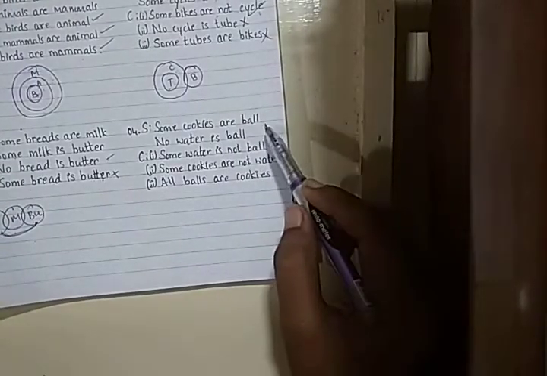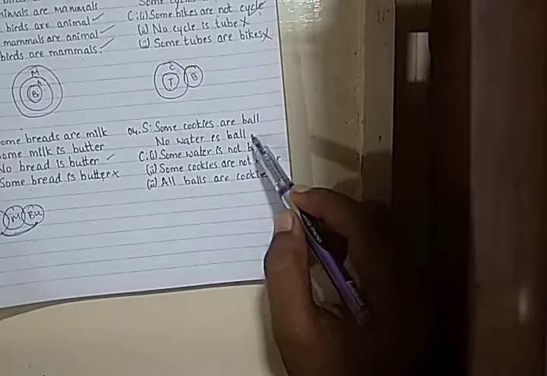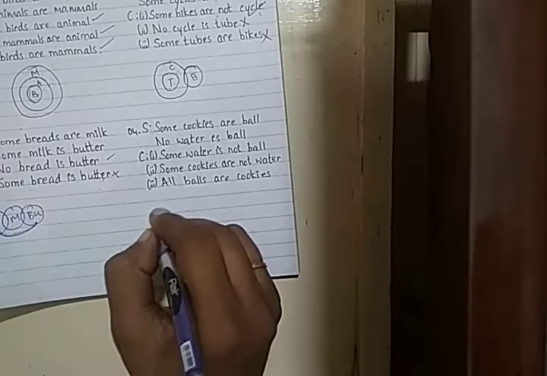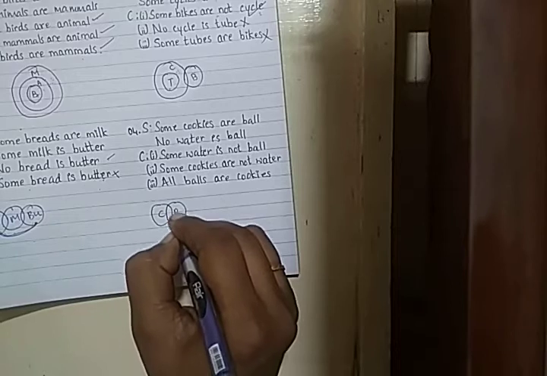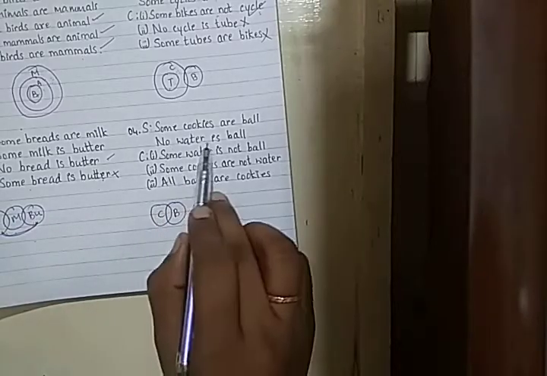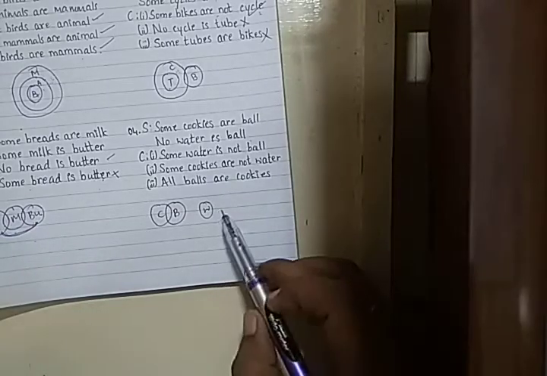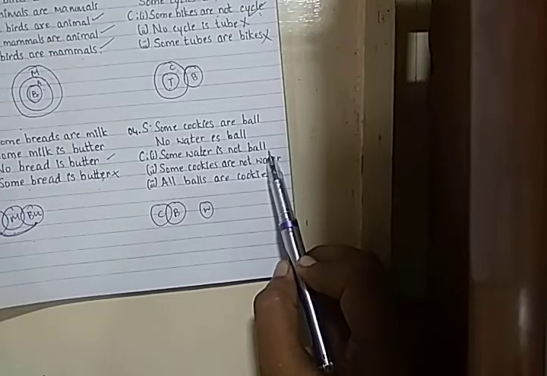Here, some cookies are ball, no water is ball. Cookies, balls, no water is ball. Water. What are the conclusions? Some water is not ball.